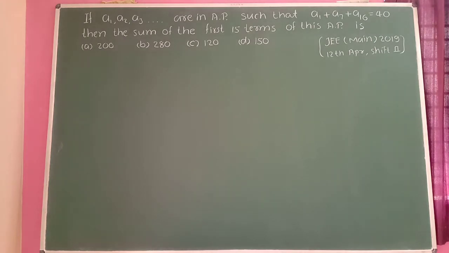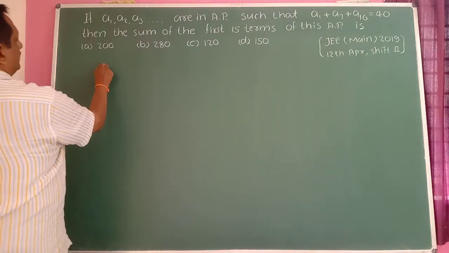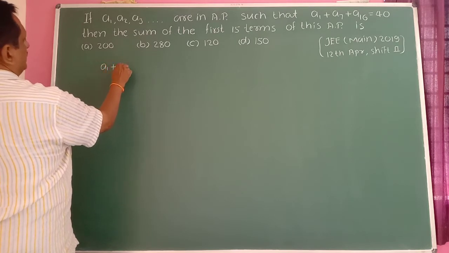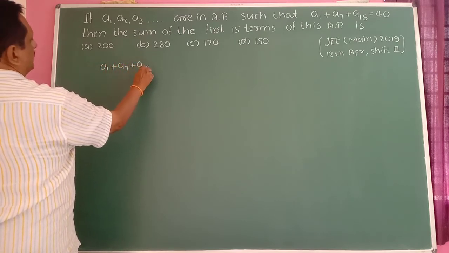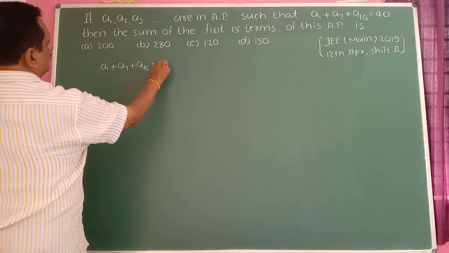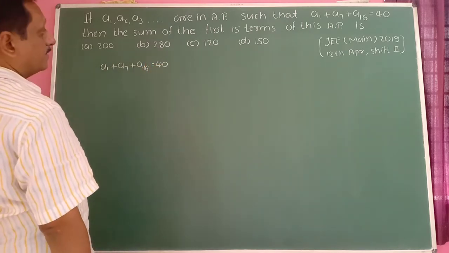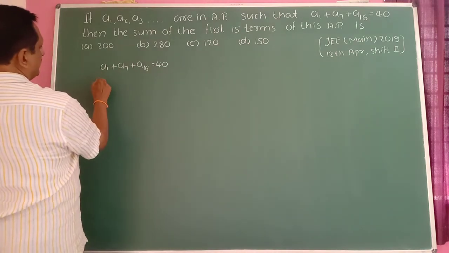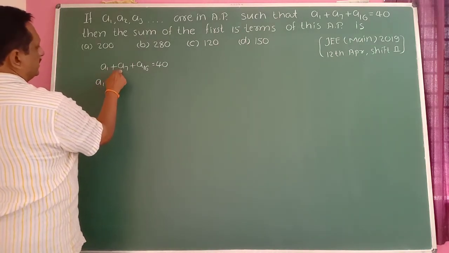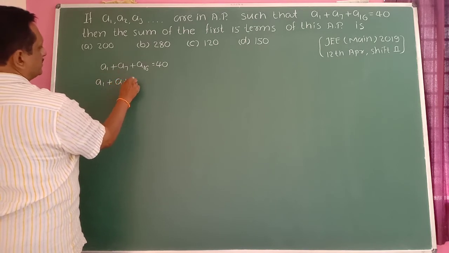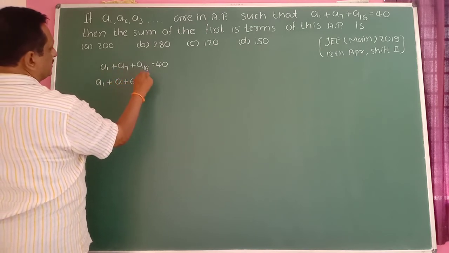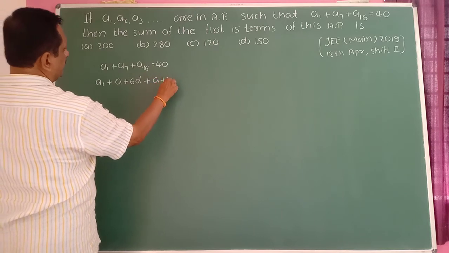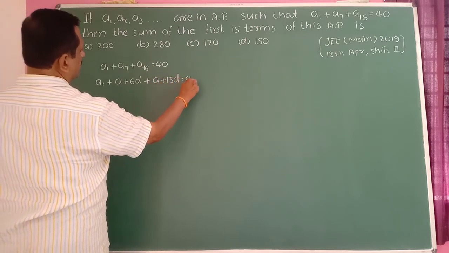A1, A2, A3 and so on are in AP such that A1 plus A7 plus A16 is equal to 40 is given here. Then the sum of the first 15 terms of this AP is what here? Write A1 as it is, then A7 means A plus 6D, A16 means A plus 15D, where D is the common difference.